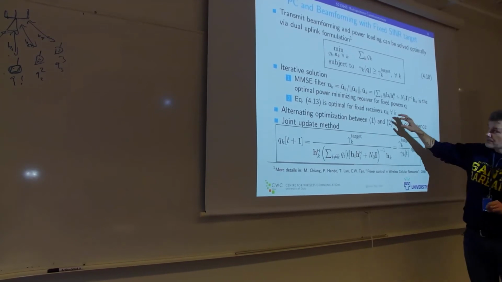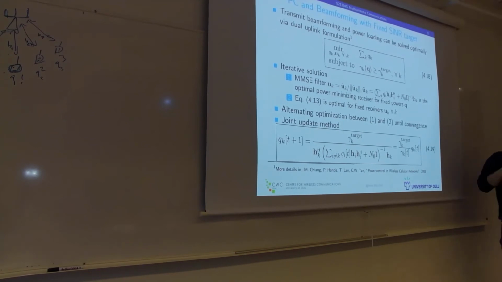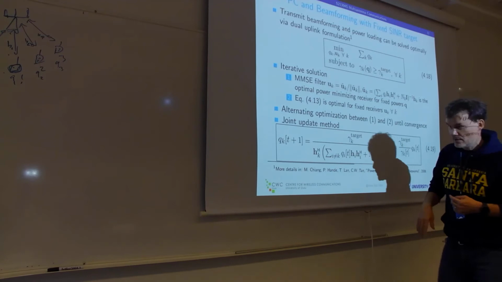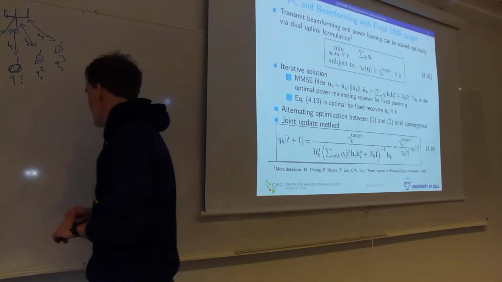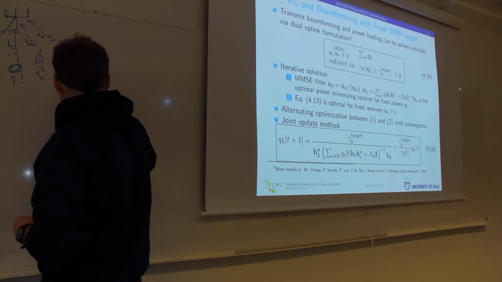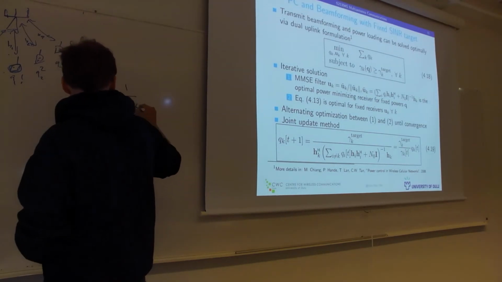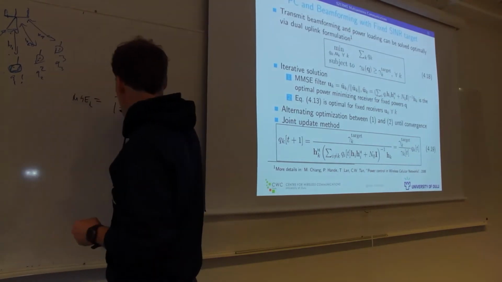So the intuition here is that for a fixed Q, the MMSE receiver is the one that maximizes the SINR, right? It minimizes the MSE. You recall that there's this relation between MSE, which is equivalent to 1 plus SINR, MSE of k.